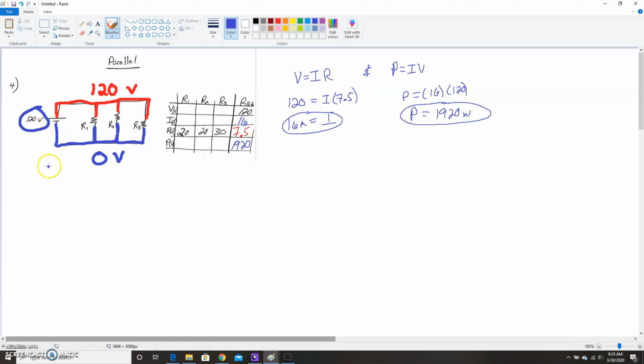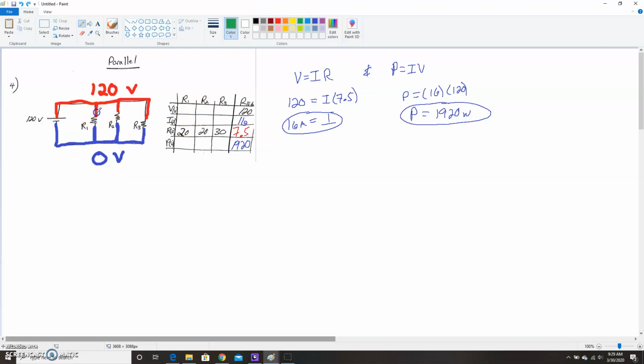This was a 120 volt power source, so the only thing that really mattered was the difference between this red line and this blue line: it has to be 120 volts. It could be 240 and 120. Voltage is technically a relative term, but to make life easy, it makes sense to us to say, well, let's make the final return line 0 volts because I've expelled all of the potential in the circuit.